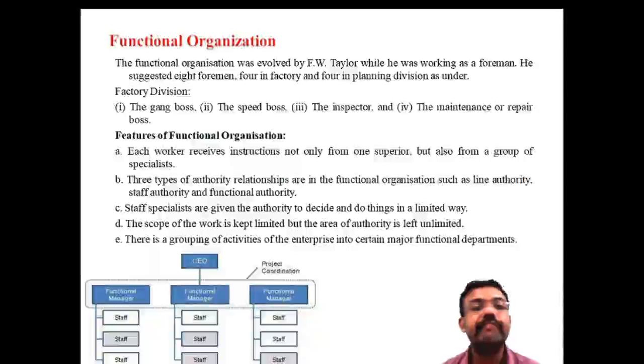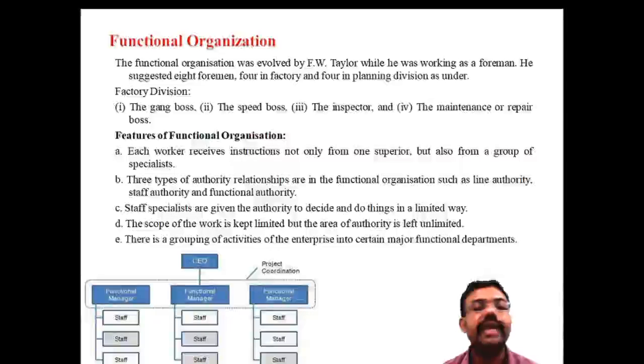The basic purpose is to ensure the smooth functioning of each department. So this concept was put forward by F.W. Taylor.